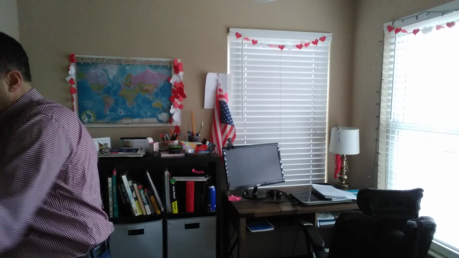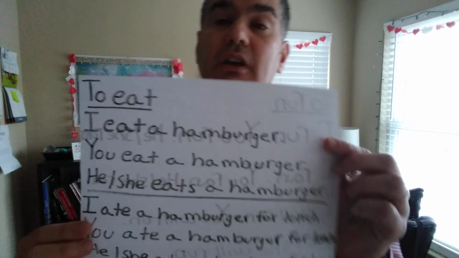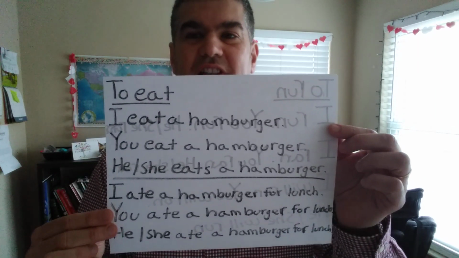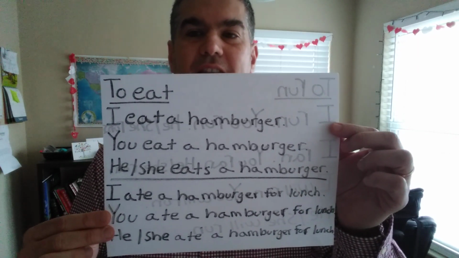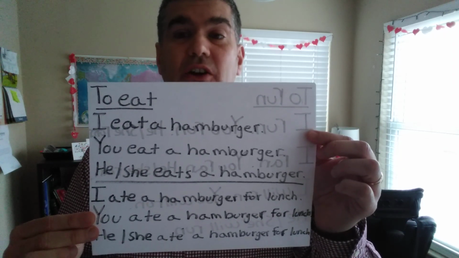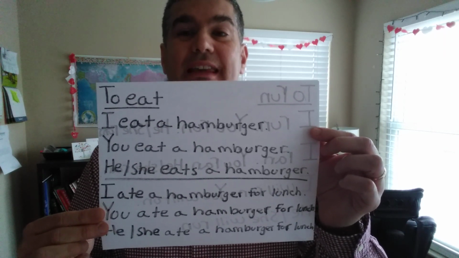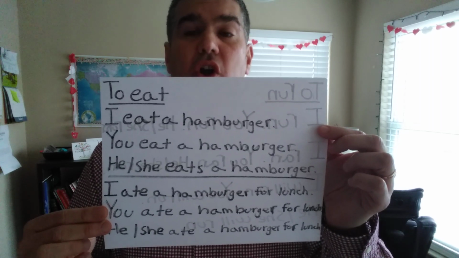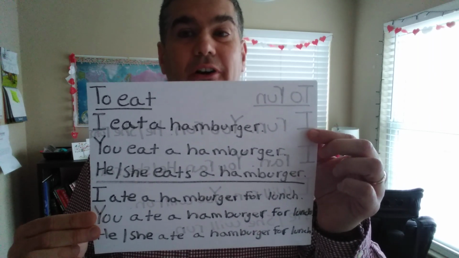Let me go over here. I've got another example I can provide for you. The word to eat. The infinitive is to eat, and the simple present tense of that would be I eat a hamburger. You eat a hamburger.